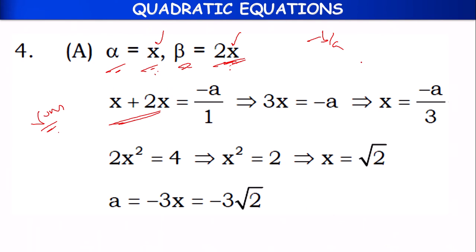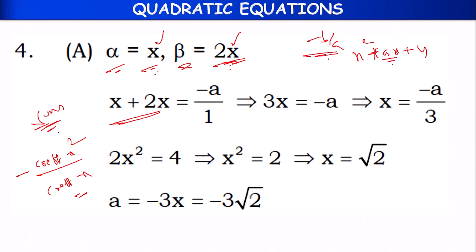The given equation is x square plus ax plus 4, so sum of roots means minus coefficient of x by coefficient of x square, that is minus b by a. Here in the place of b we have a, in the place of a we have 1.